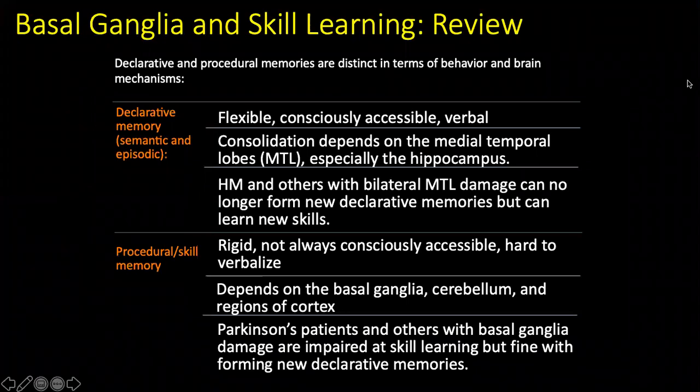So I like this slide as you head toward the next exam, separating out declarative versus procedural memory, right? So use this to kind of think about examples. Declarative memory, like we talked about, is very flexible, right? You can pull up that kind of information really easily, and you can verbalize it. You can manipulate it, you can talk about it.